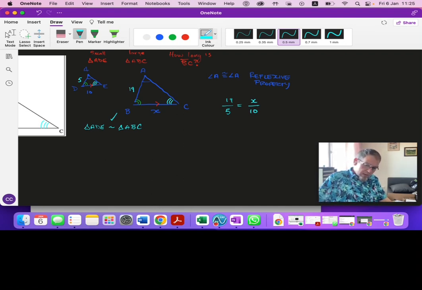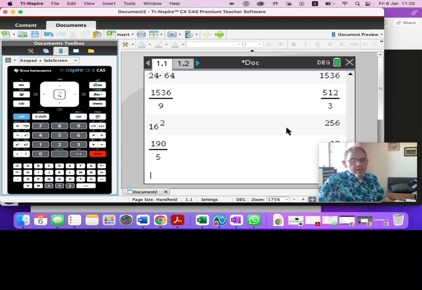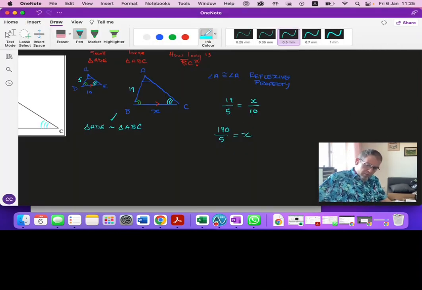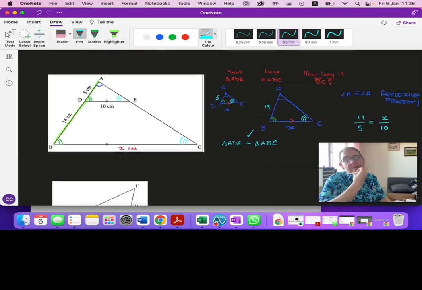So 10 times 19 gives me 190 over 5 is the same as x. Let's just use our calculator. 190 divided by 5 is 38. So x has got to be 38 centimeters, and we were able to do all of that because we have similar triangles.